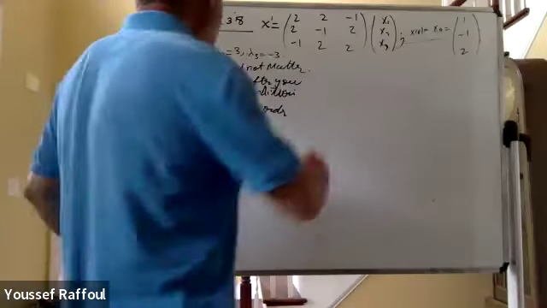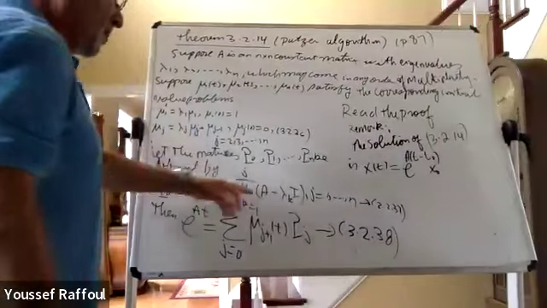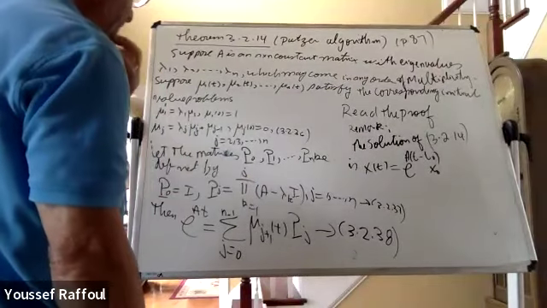All right, so now we're going to use 3.237.